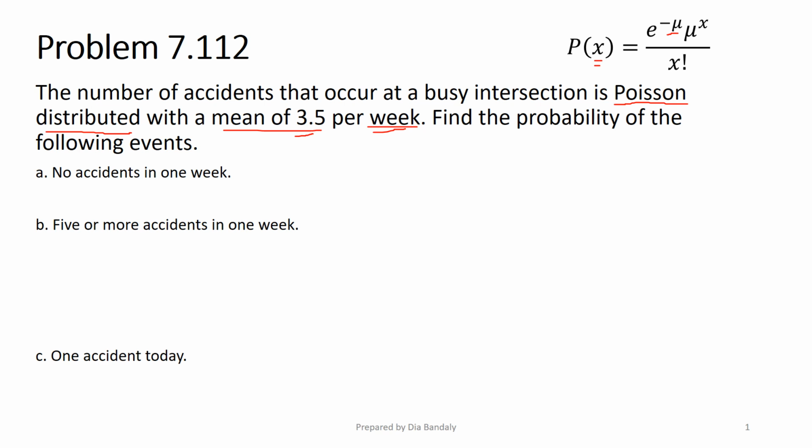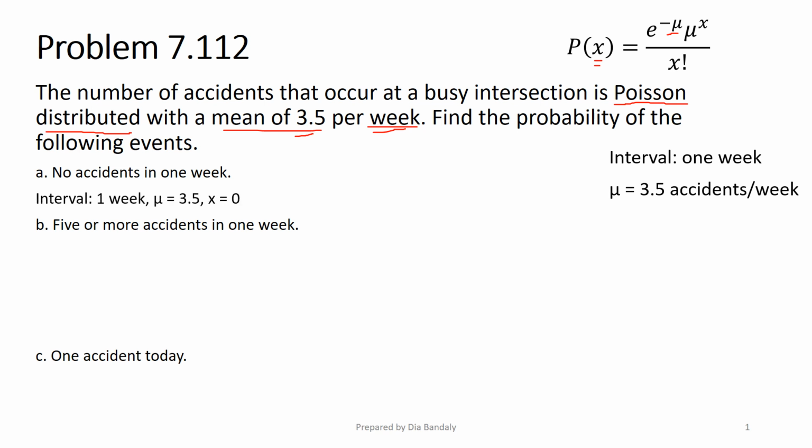Okay, so here what do we have? An interval of 1 week, and mu is given as 3.5 accidents per week. Now we can answer that question easily by using the formula. No accidents in 1 week.